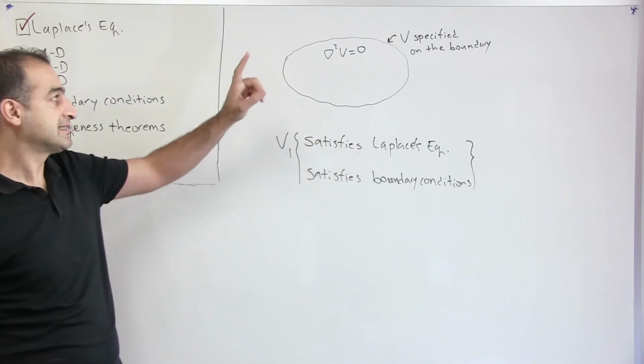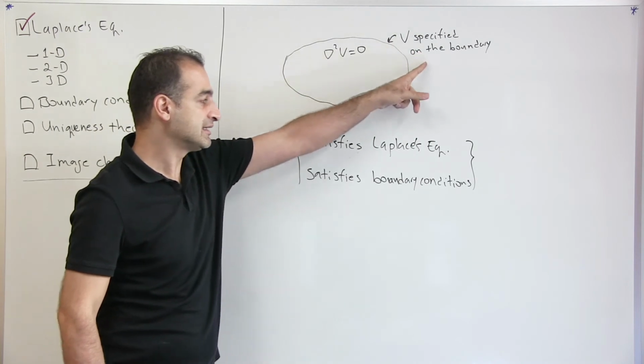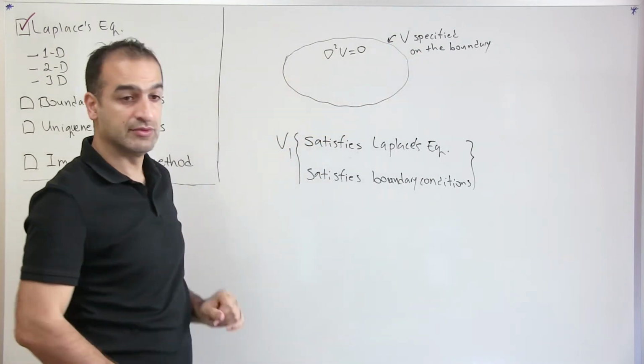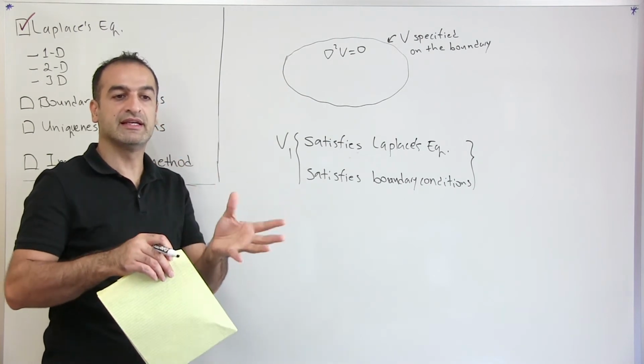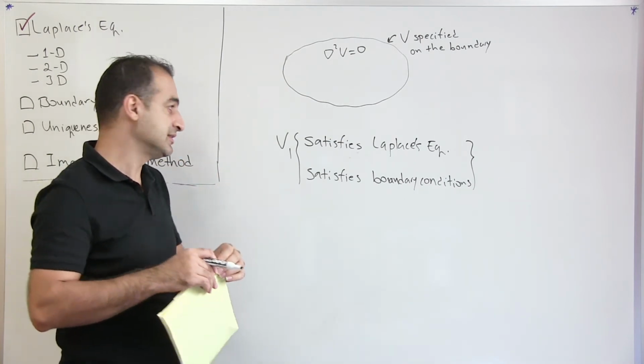We want a solution that satisfies the boundary condition and satisfies Laplace's equation as well. Laplace's equation alone is not going to give you the solution. You need the boundary condition as well.